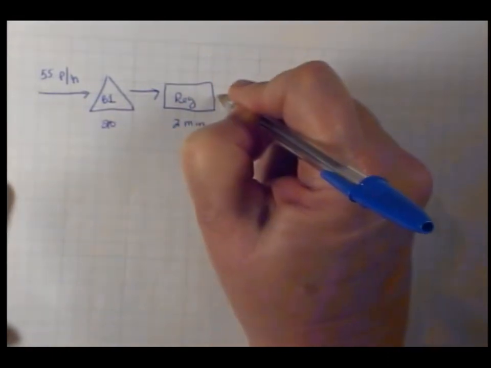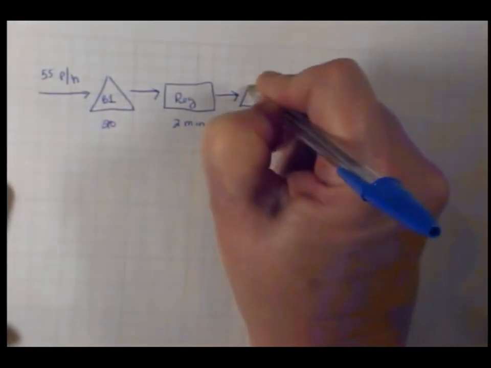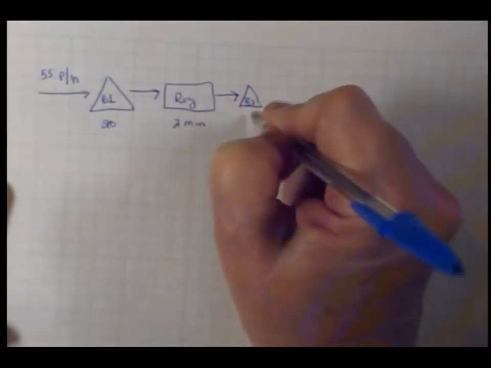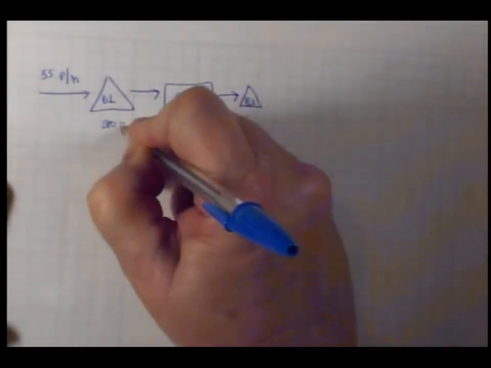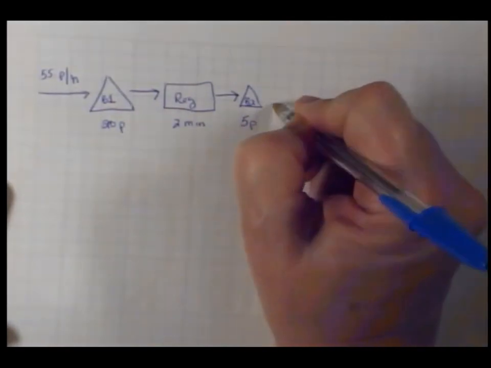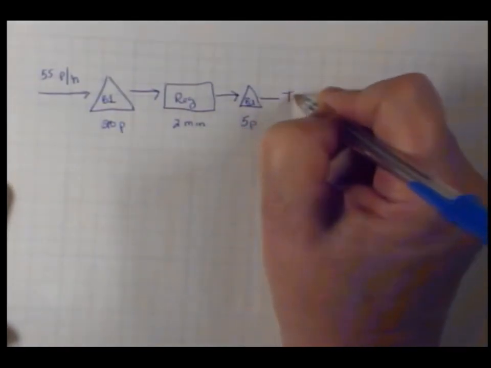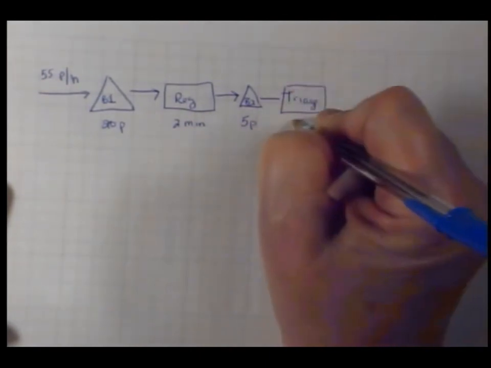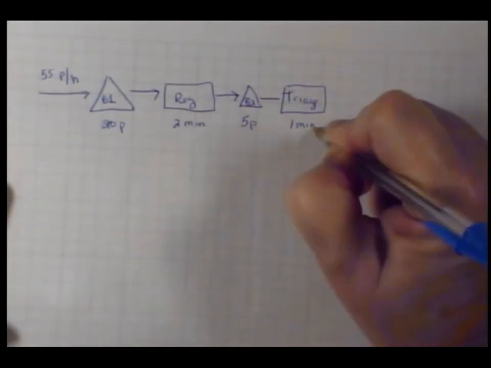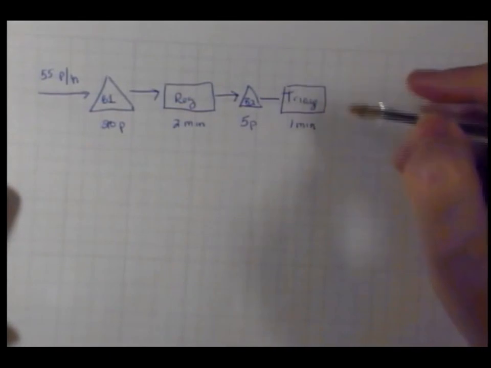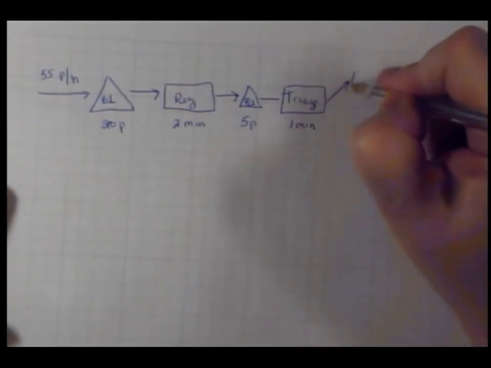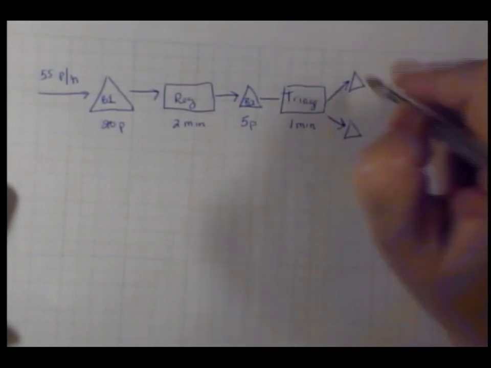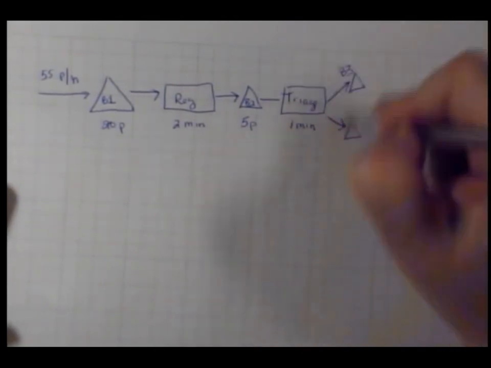Okay. And then we have another buffer, which we have 5 patients waiting at. And then we have this triage step, which takes 1 minute. Okay? And then after triage, they wait. So we have buffer 3 and buffer 4.